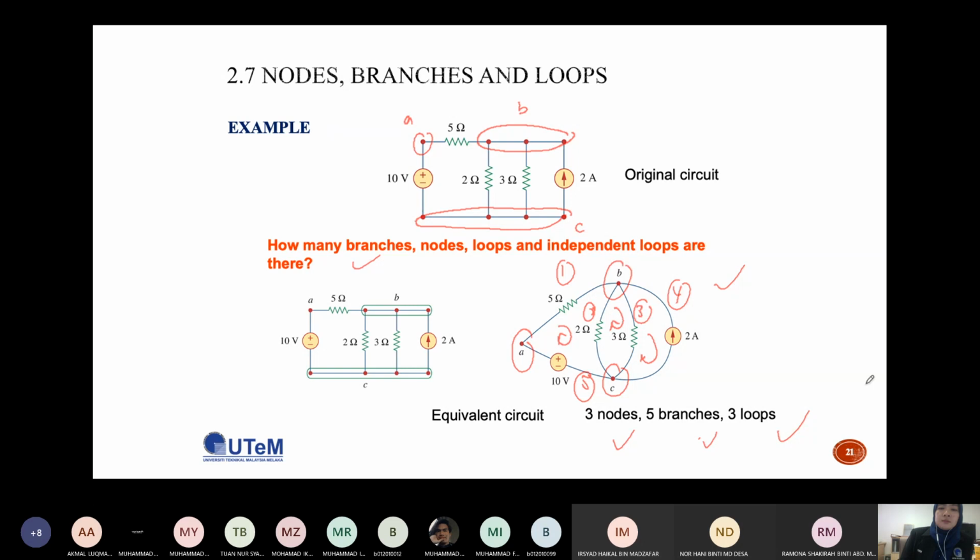Any question? We have how many independent loops? Can anyone answer?